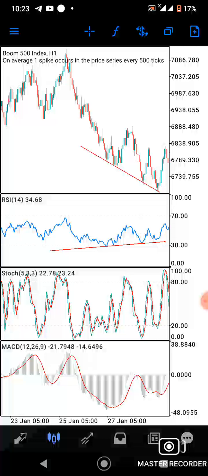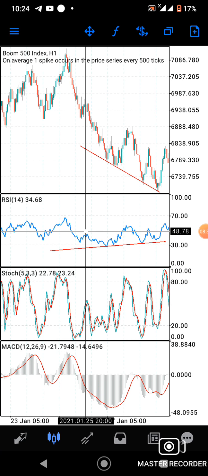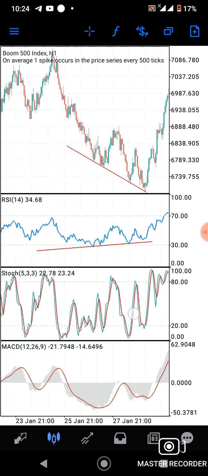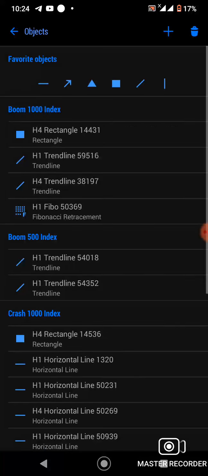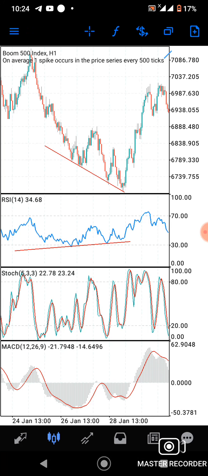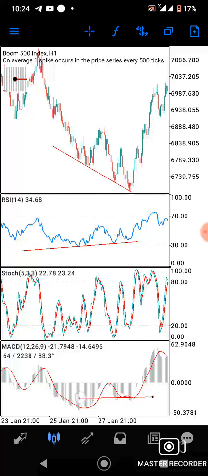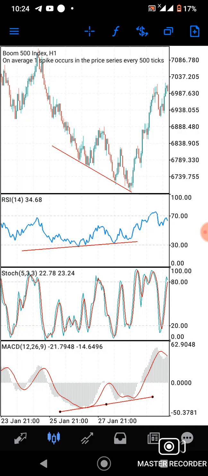The three I advise people can stick with are RSI, stochastic or MACD. This MACD is somehow complicated, but if you are used to it, then you can actually understand it, because you can see here that it's also the same.